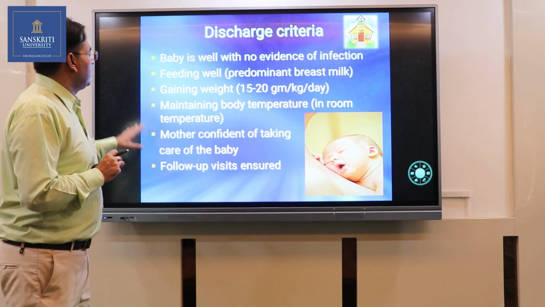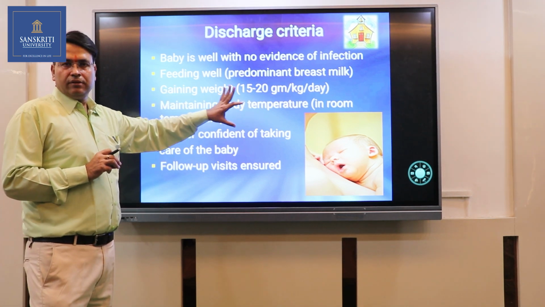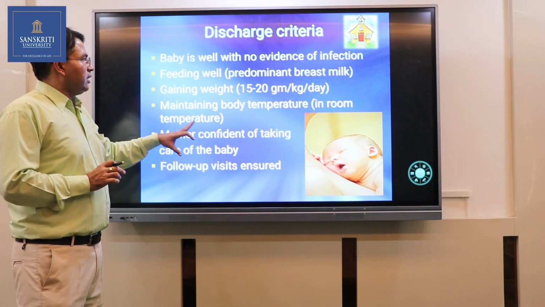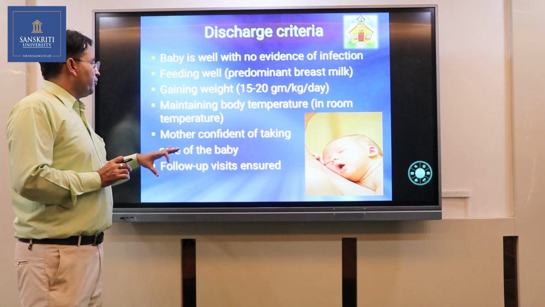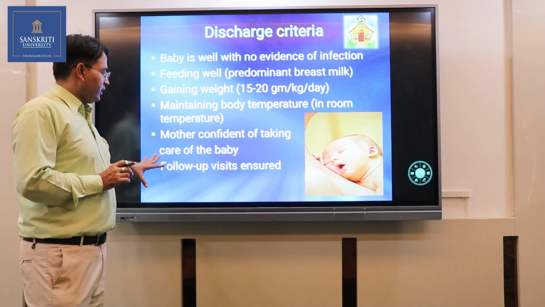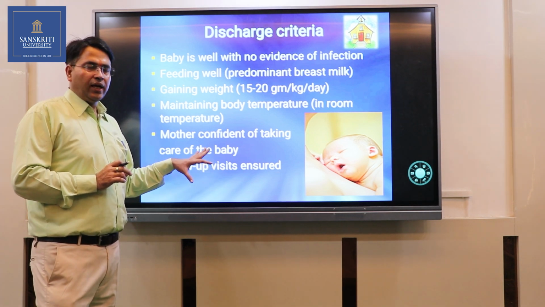Next is gaining weight. Babies should gain weight 15 to 20 gram per kg per day. Then maintaining body temperature. Then the mother's confidence in taking care of the baby, and ensure that the mother is ready for the follow-up visits. This much should be ensured.